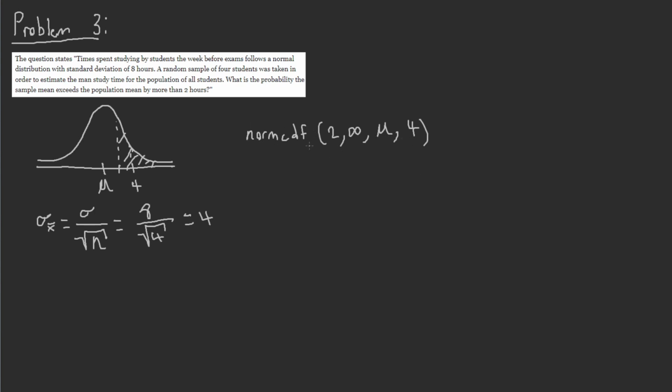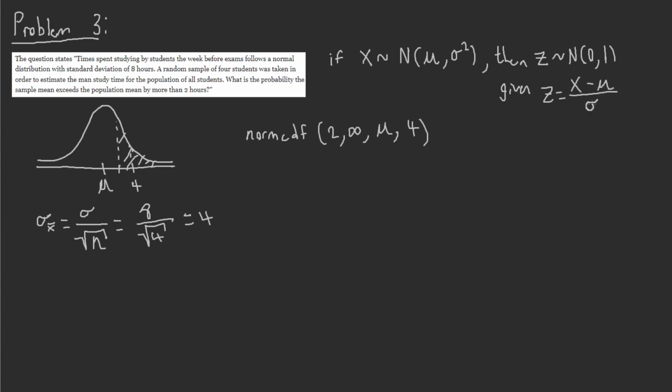but we can use as our friend the z-score, because we already know that if x is a normally distributed random variable with a mean of mu and a variance of sigma squared, then z will be a normally distributed random variable with a mean of 0 and a standard deviation of 1. This is given z is equal to x minus mu over sigma.